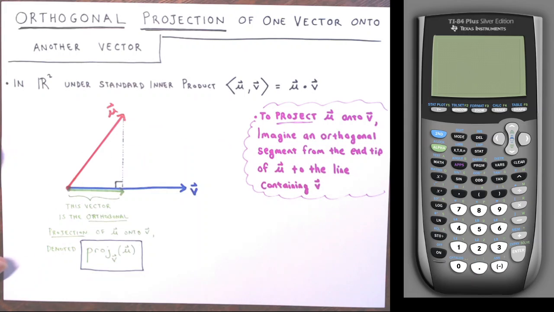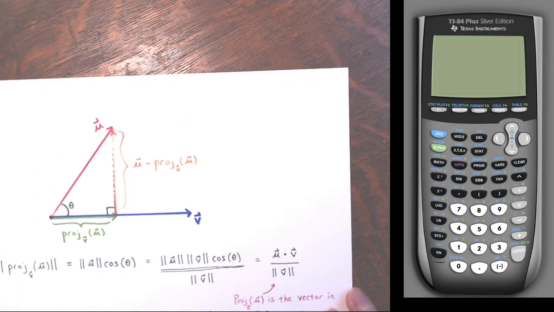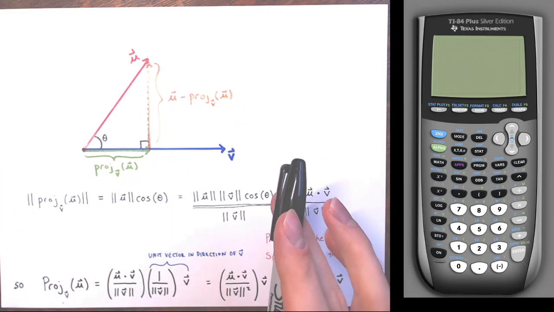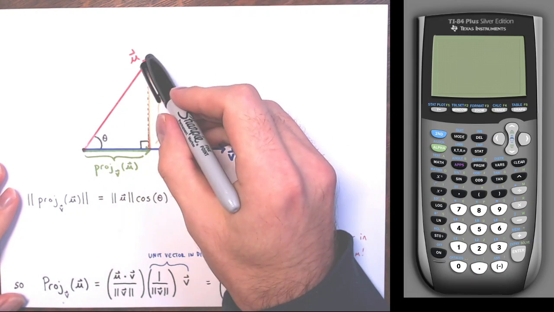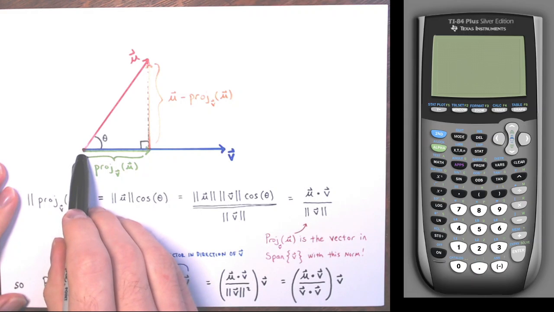So I've got this same picture drawn up on the next page, just a little bigger. So here it is again. Similar picture. Say again I'm in R2. There's a vector u and a vector v. I've drawn them so that they have the same initial point.